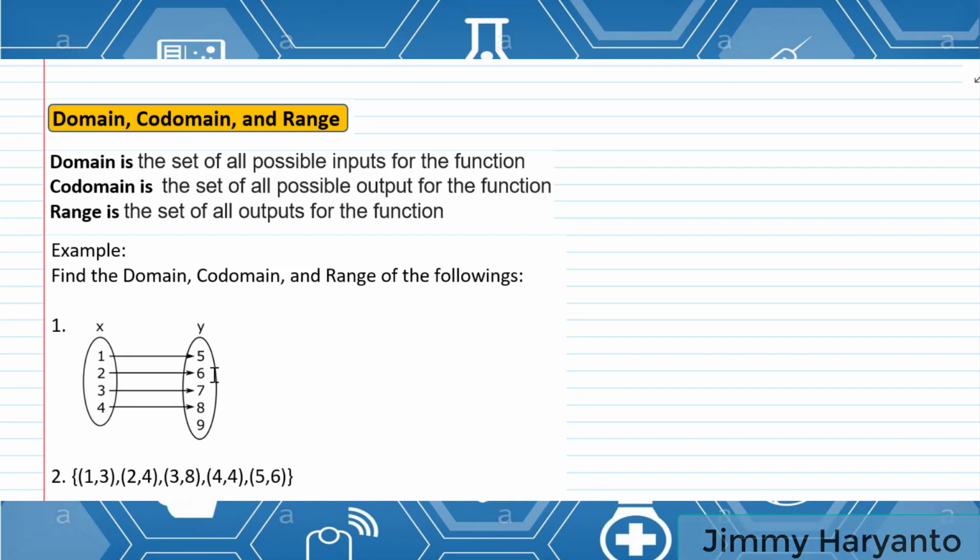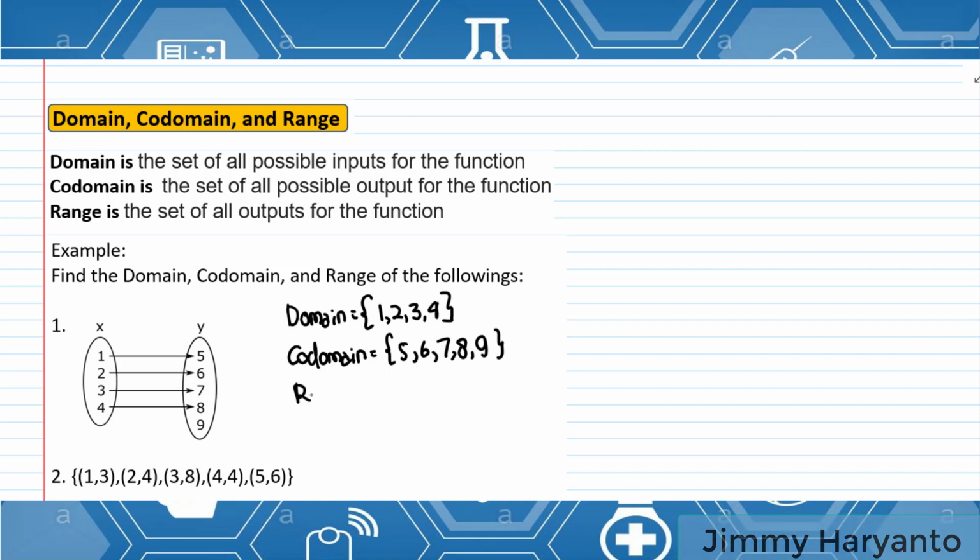output, yeah. So we can say that the domain for this one is the set values of x, yeah, 1, 2, 3, and 4. And then the codomain is the set values of y, which is 5, 6, 7, 8, 9.